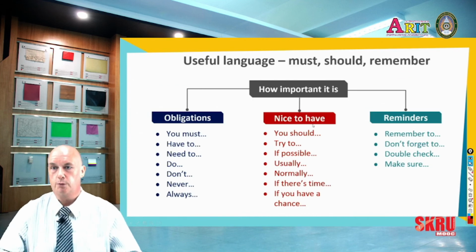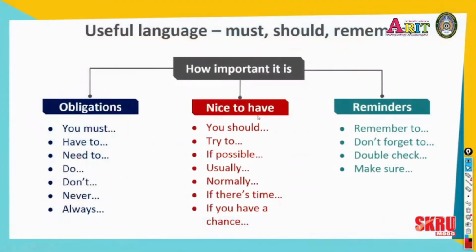Some other useful language we might want to include. And I've split this into three types of area for you about how important a step is. When we describe things, there are things that we absolutely must do, or obligations. It won't work if you don't do that.